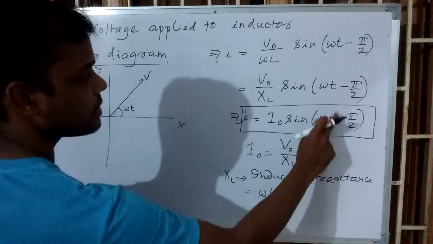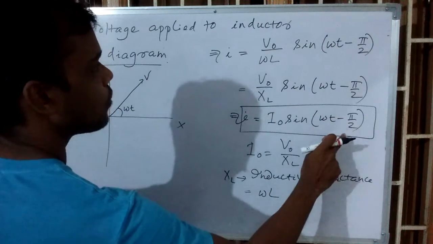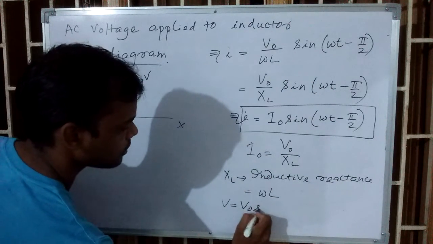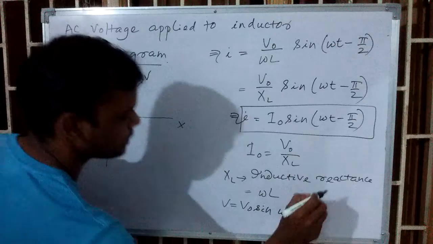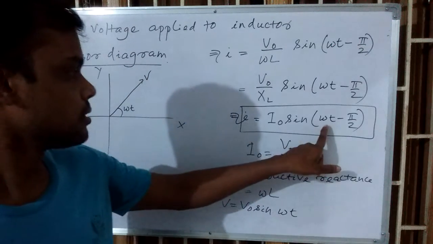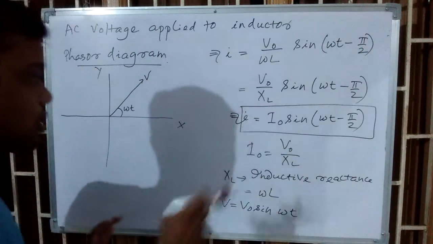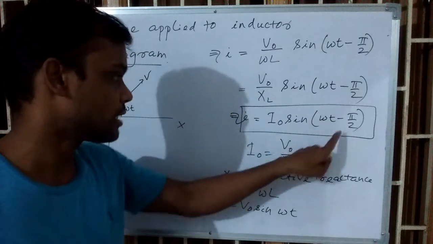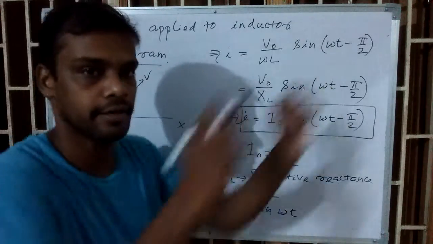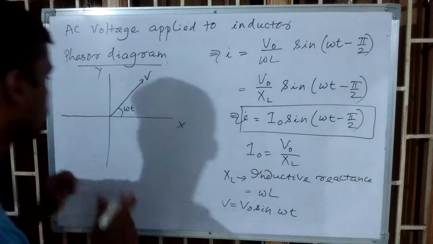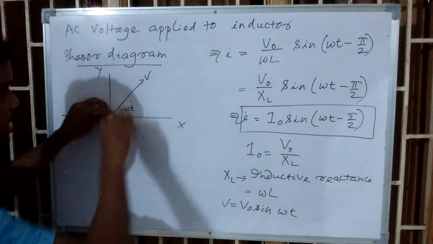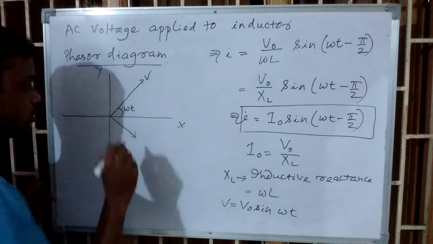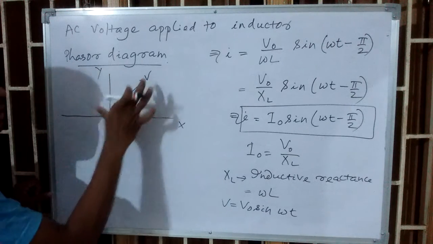But here the phase is omega t minus pi by 2, whereas the voltage is simply V naught sin omega t. But the current is omega t minus pi by 2. That means the current is 90 degrees behind the voltage. Minus means behind, plus means ahead. So I will draw the current phasor 90 degrees behind the voltage. This is the current phasor. Its magnitude will be somewhat smaller than V naught.